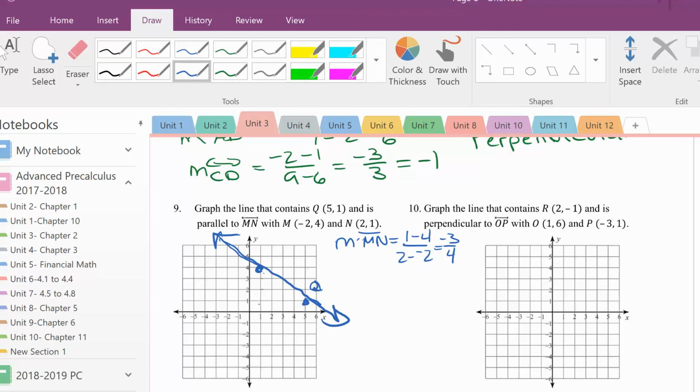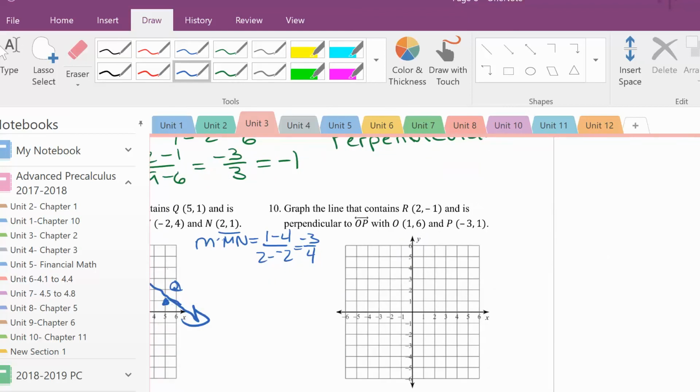All right, let's try again. Try the next one. So it says graph the line that contains R(2, -1). So there's R. And is perpendicular to OP. Well, the slope of OP is 1 minus 6 over negative 3 minus 1. So it's negative 5 over negative 4, which is 5/4. The perpendicular slope would be negative 4/5.